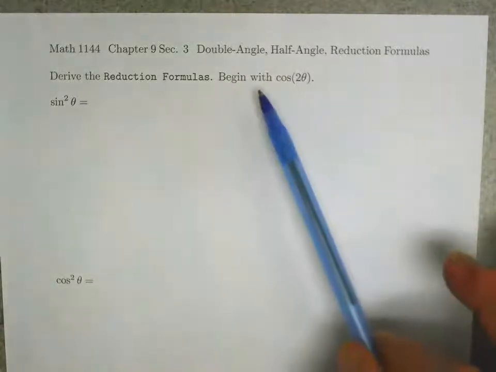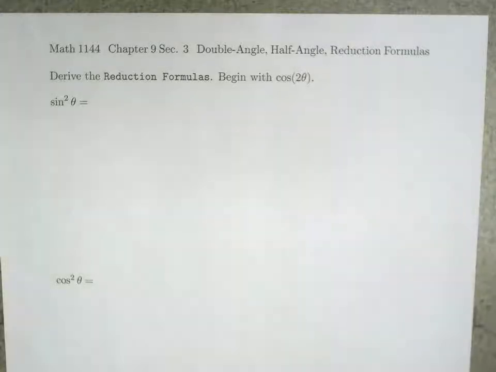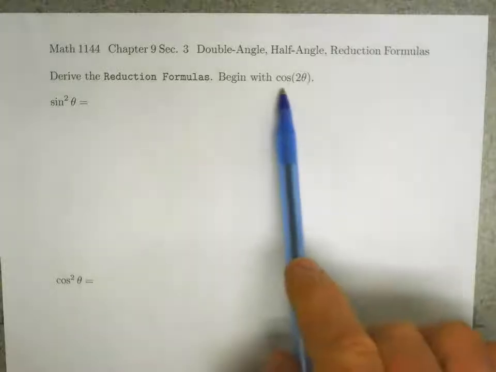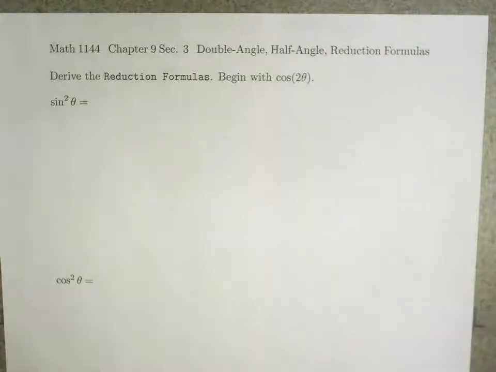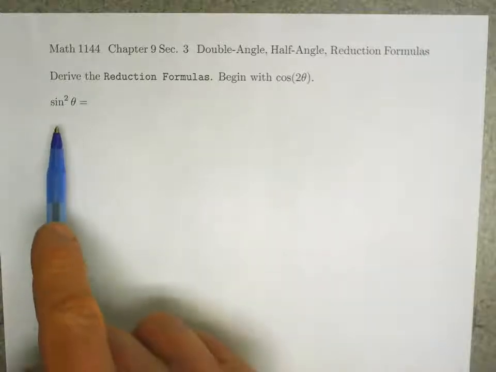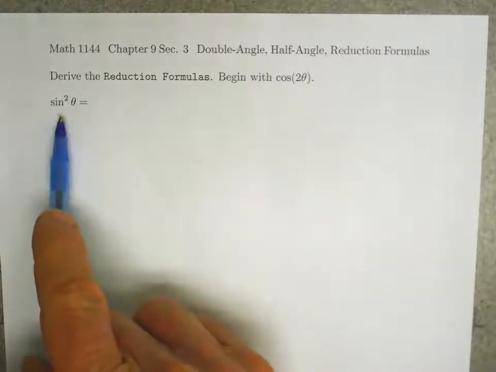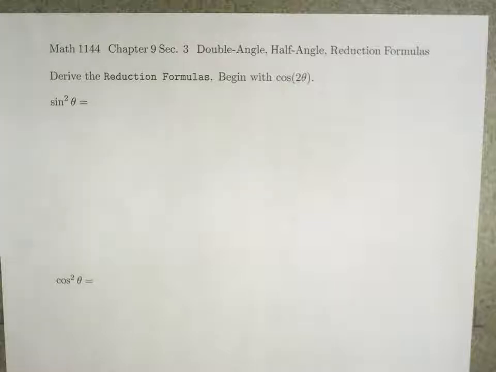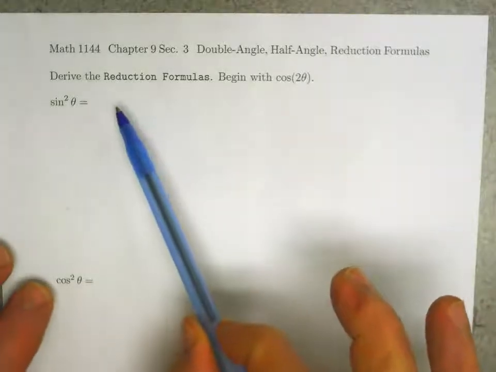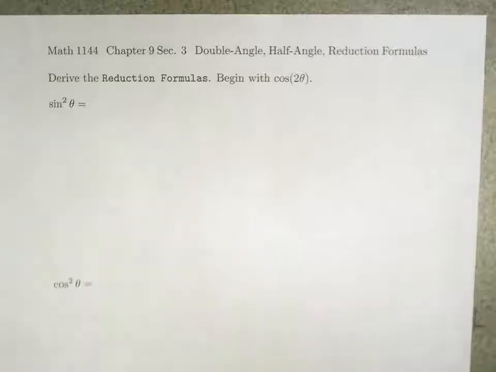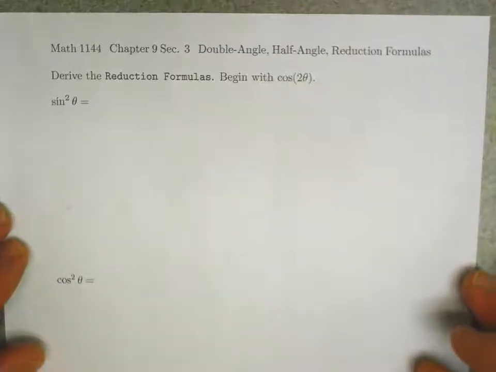And we're going to begin with cosine of 2 theta. We're going to use one of the variations of cosine of 2 theta to help us come up with a formula for sine of theta squared. If you're going to take calculus, knowing the reduction formulas will be very useful.